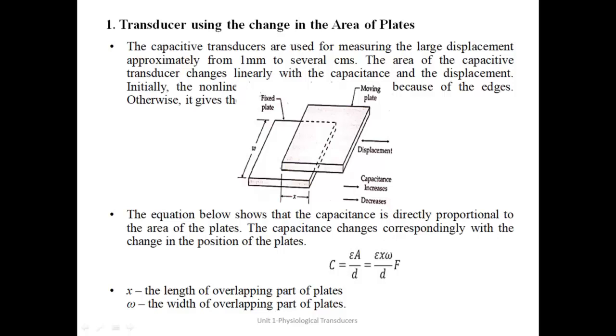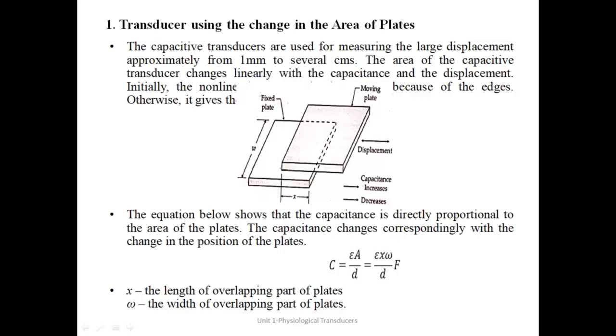Capacitive transducers are used for measuring large displacements, approximately from 1 millimeter to several centimeters. The capacitance changes linearly with the area and the displacement. The displacement changes the overlapping area, and that overlapping area changes the capacitance.